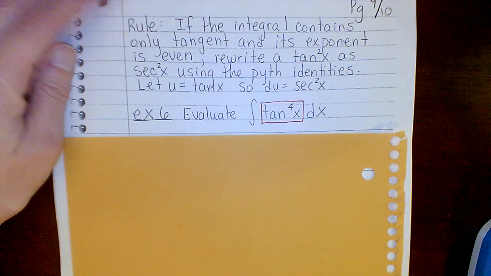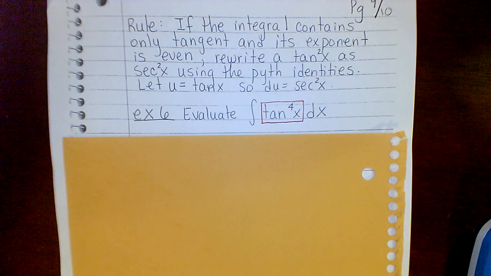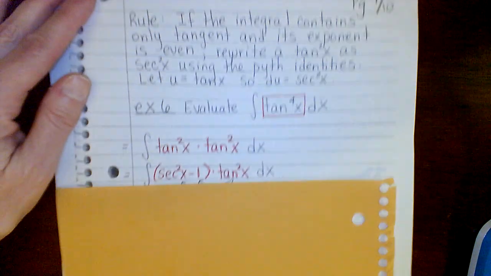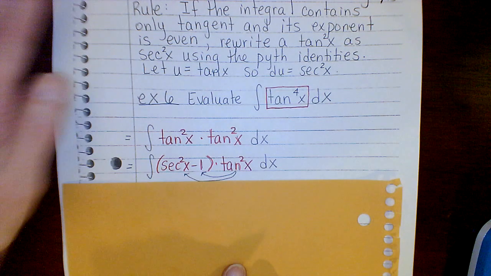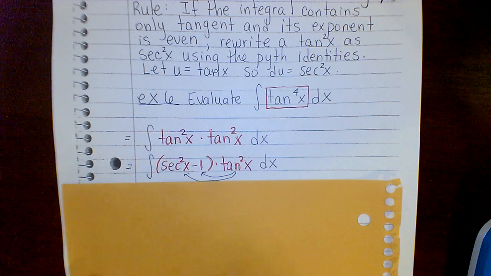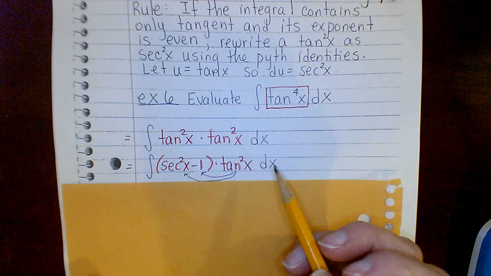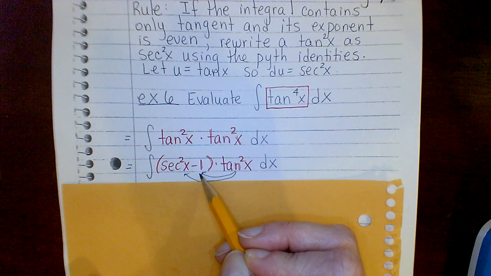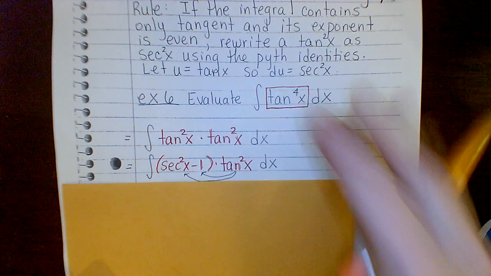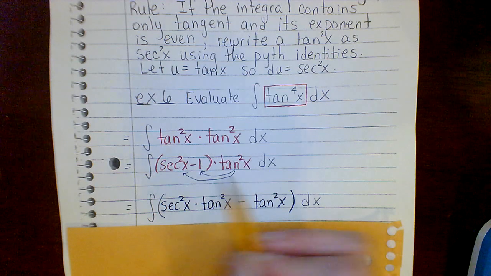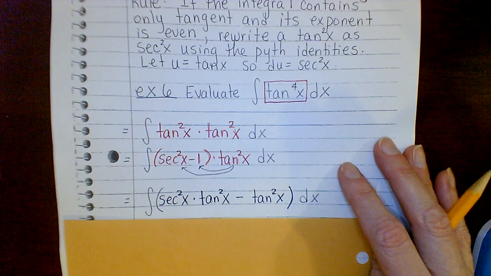So tangent to the 4th, just a tangent, and it's an even exponent. So we're going to split that apart into 2 squares. I'm going to replace one of those tangent squares with its Pythagorean identity. And then I distributed that tangent squared out.